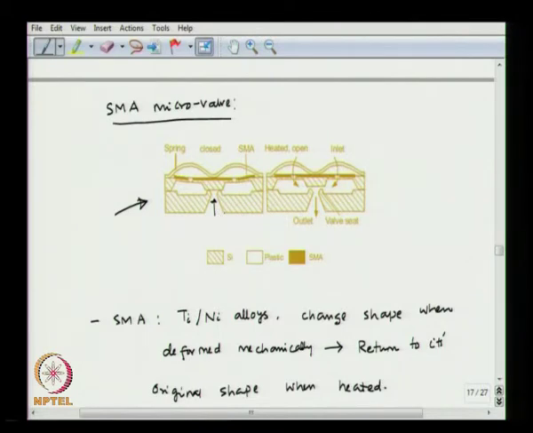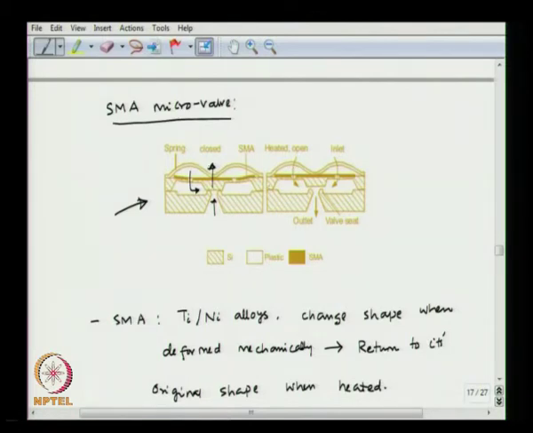When the pressure of the inlet fluid increases, then the membrane holding the shape memory alloy is going to go up.